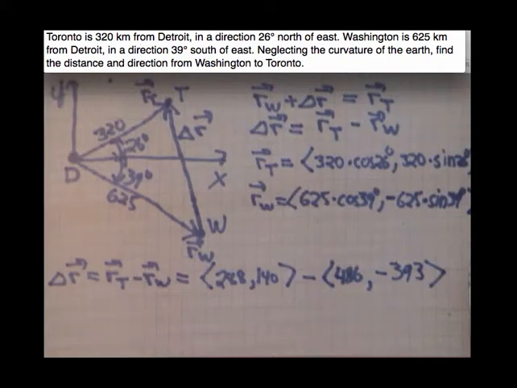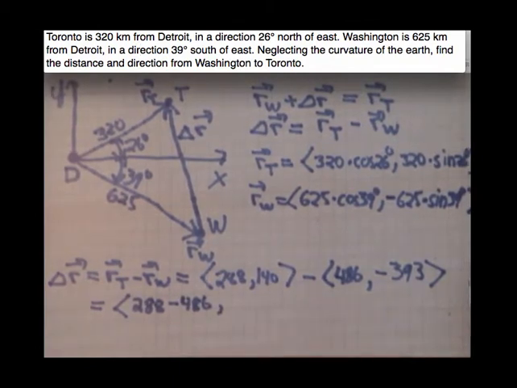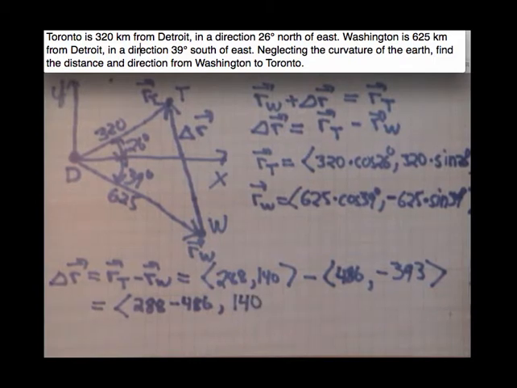And then to subtract two vectors, all I've got to do is subtract component by component. So the x component of delta R is obtained by taking 288 minus 486, and the y component of delta R is obtained by taking 140 minus negative 393.